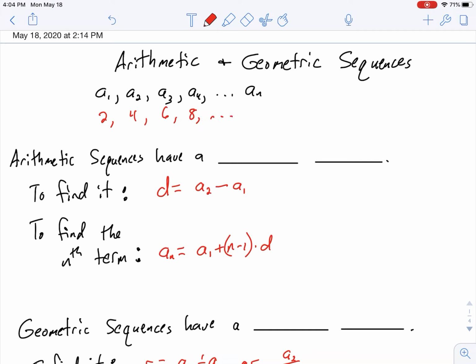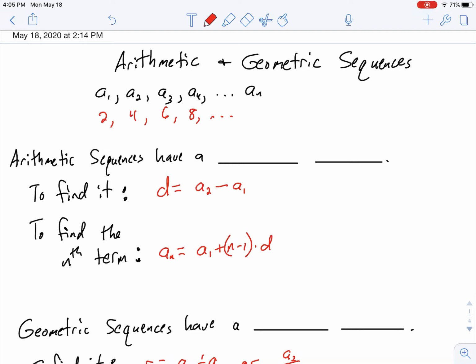AN represents any generic term further down the sequence. So I could say, what's the 15th term of the sequence? That would be A15. Or what's the 1000th term in the sequence? That'd be A1000. So the dot, dot, dot means it could go on indefinitely. Number patterns can stop or they can go to infinity. It doesn't really matter.